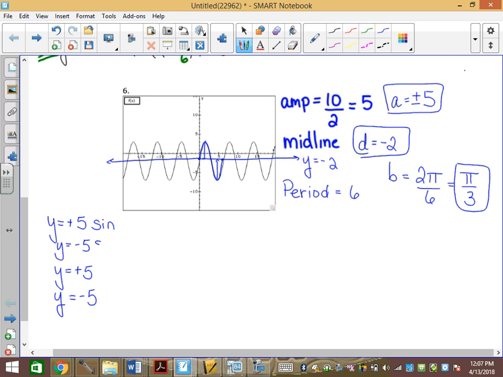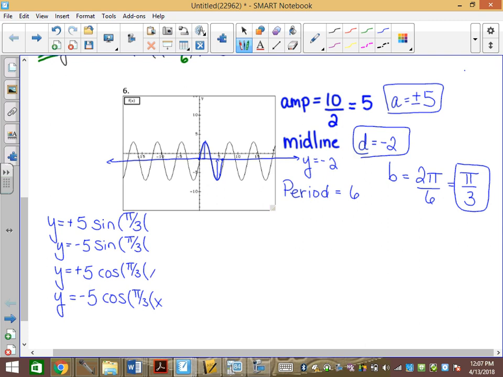Sine, sine, cos, cos. What goes next? Pi over 3. I don't know what you guys are saying. Pi over 3. Then what?